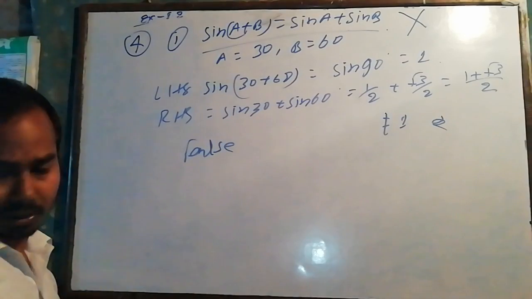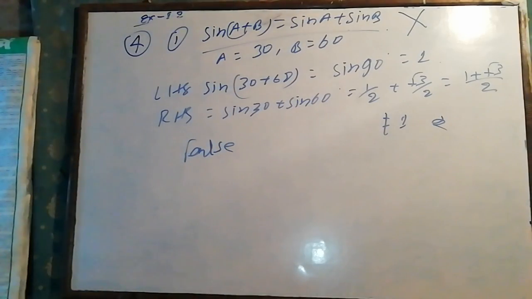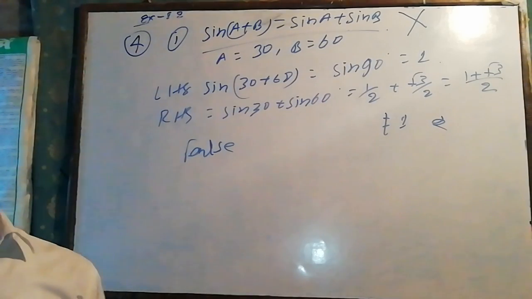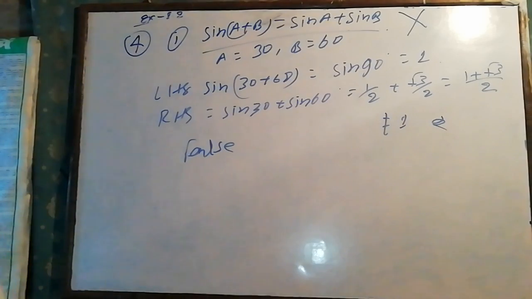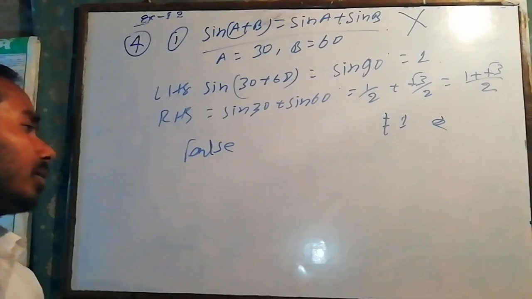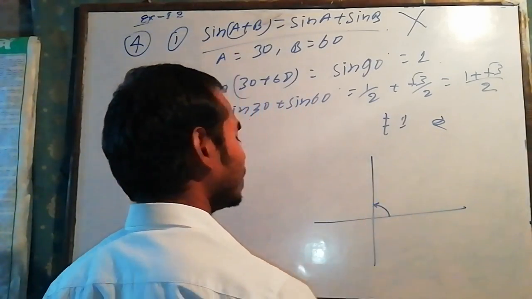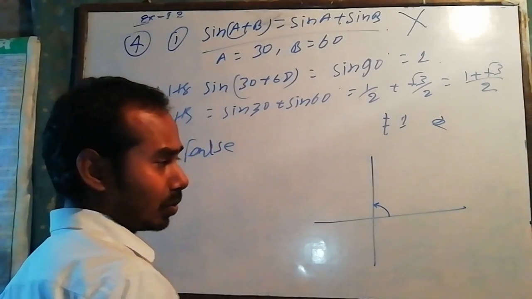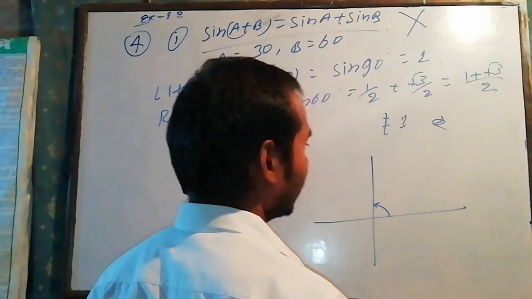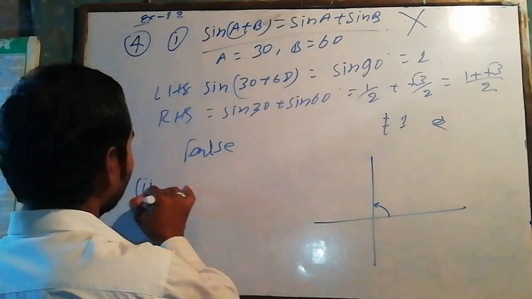So question number second: if theta increases, then sin theta increases. Yes, if theta increases in the first quadrant, then sin theta will also increase. So the second problem is true.